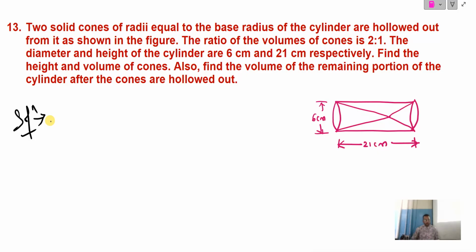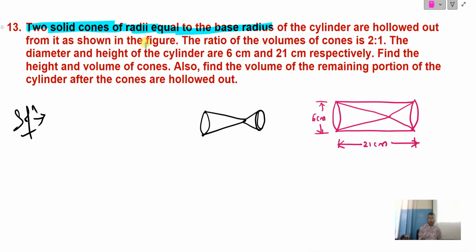It means the radius of the cylinder, you can see the shape, as soon as you see the shape you can easily imagine. The radius of the bigger cone, the radius of the smaller cone, and the radius of the cylinder are all one and the same. The cones are hollowed out from the cylinder as shown in the figure.